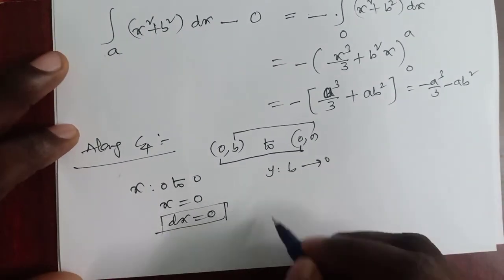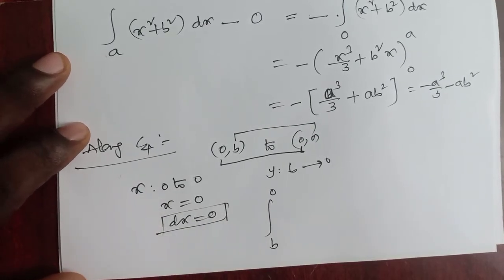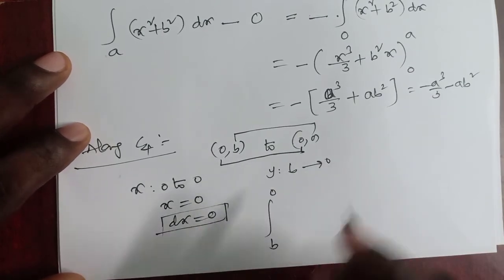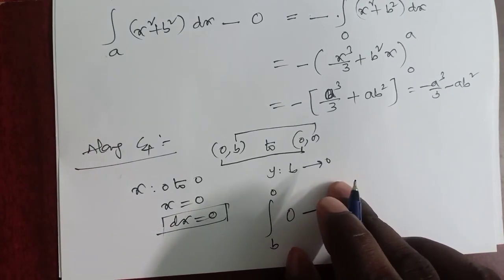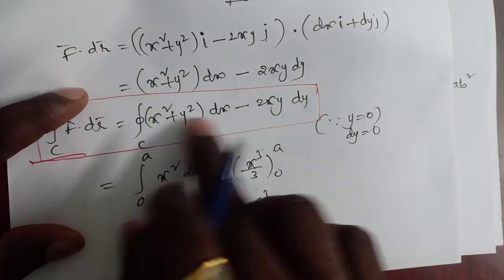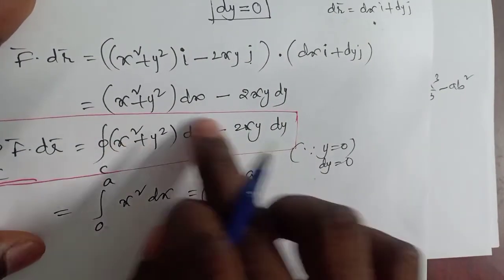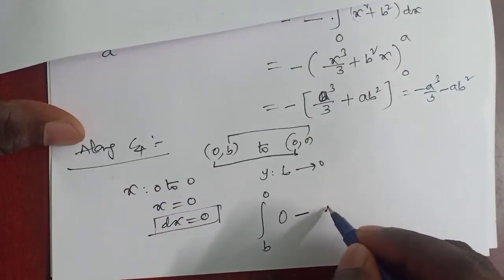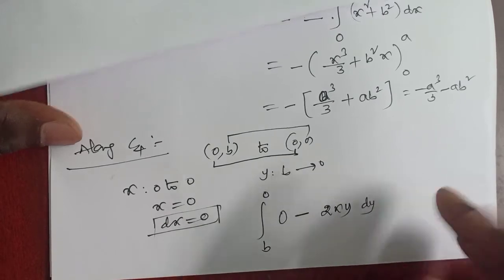Now coming to the line integral, y ranges from b to 0, and then dx is 0, so the first term is 0. Minus, coming to the second one, here we have dx, which is 0, so this complete value is equal to 0, and then minus 2xy dy, we need to integrate.